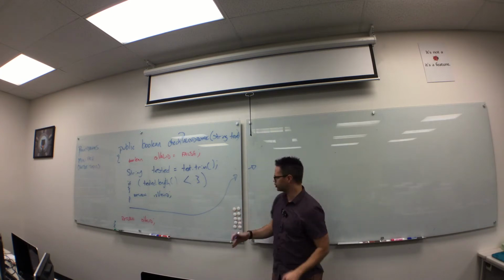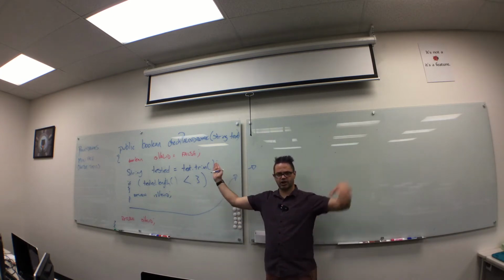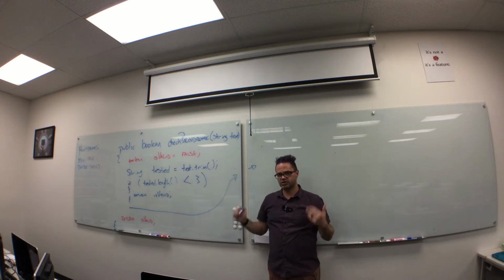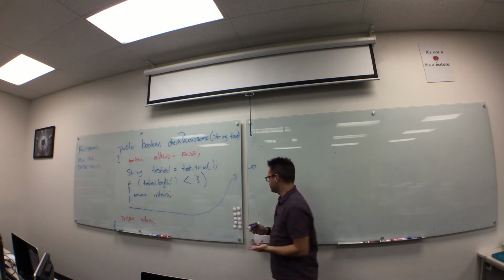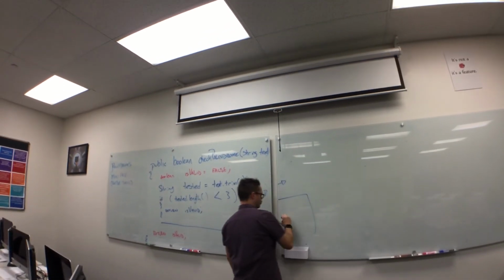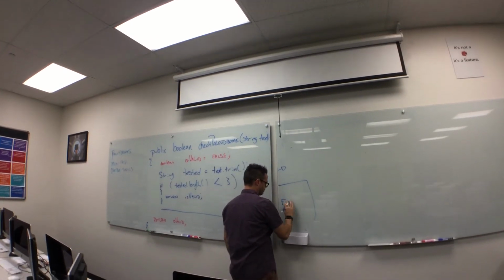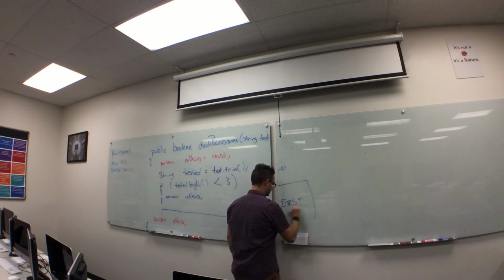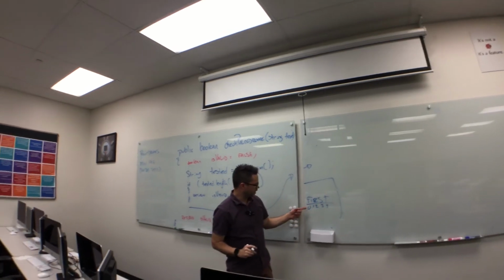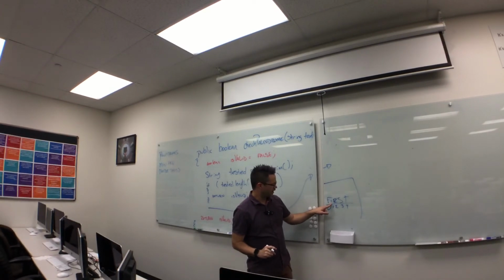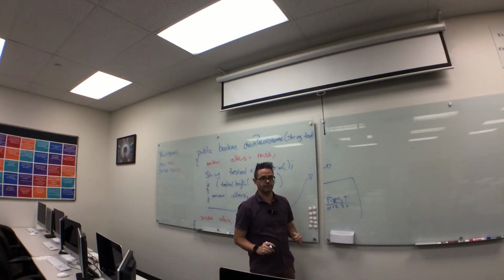But wait, I don't want just the one letter. I want to make sure I match it also to the end letter. And so to do that, I have to figure out what that last spot is. So say, for example, I have the word first. Zero, 1, 2, 3, 4. So we have the word first right here, and in the 0th index we have F, then I, then R, then S, then T at sub 4.